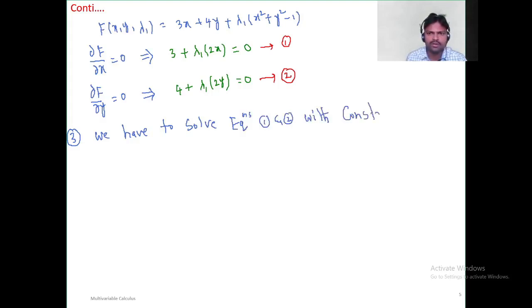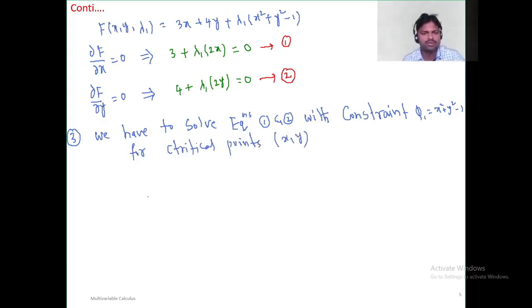With the constraint phi 1, because there is only one constraint here, which is nothing but x square plus y square minus 1. So you have to solve these two equations including the constraint for the critical points, or stationary points. The critical points are x comma y only, because it is a two variable function.